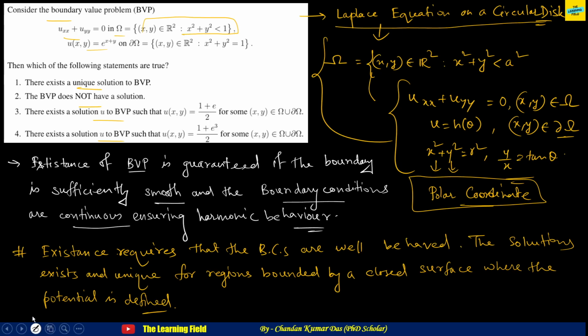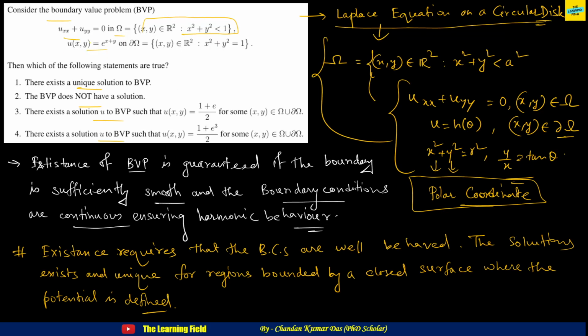Now, what do you mean by that potential? See, actually, this u_xx plus u_yy is a Laplace equation that is given. Here it is given that on the boundary delta sigma, something is defined, u(x,y) equal to something defined.